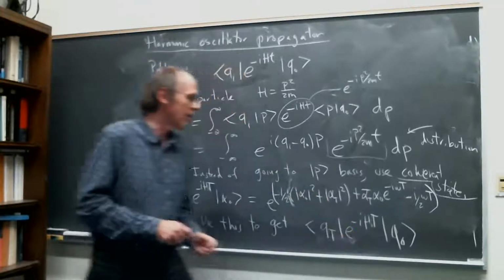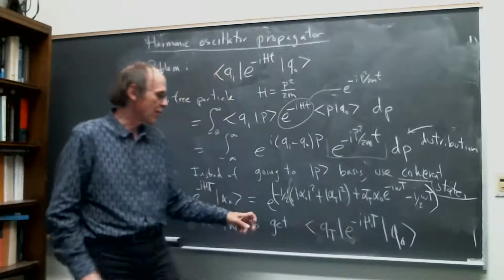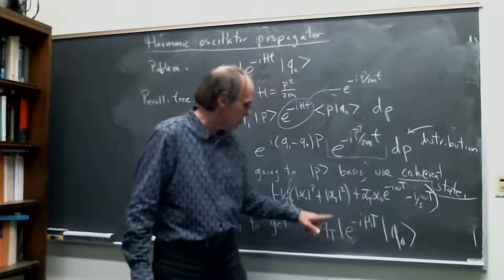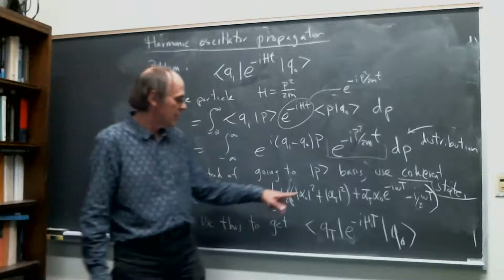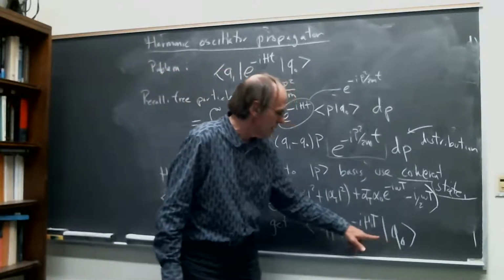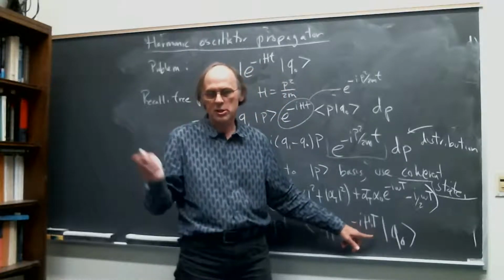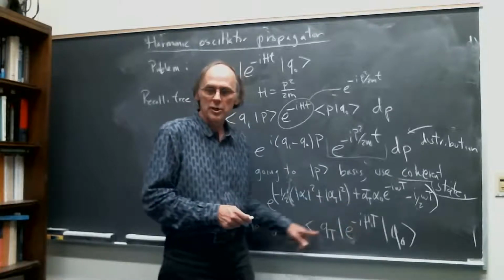The other way of trying to calculate this is that instead of going from Q space to coherent state space, evolving with this and coming back, you could go from Q space to the energy, the occupation number space, where the evolution is also very simple, and then come back.